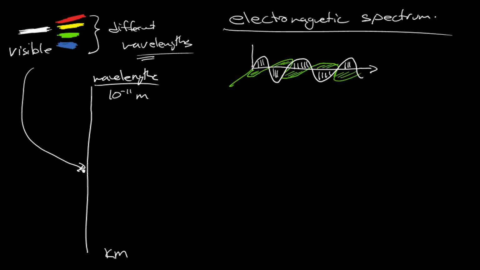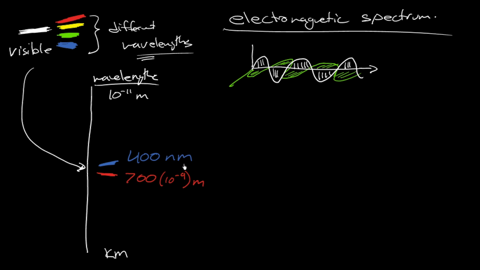And in fact, visible light specifically spans from red at about 700 nanometers, so 700 times 10 to the minus 9 meters in wavelength, to blue light that's around 400 nanometers.